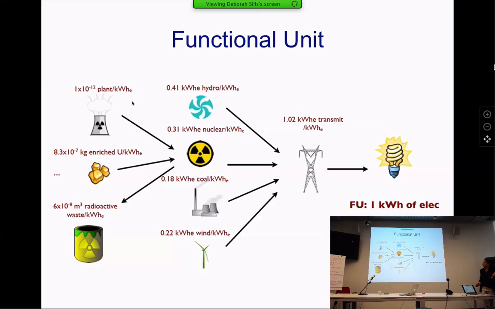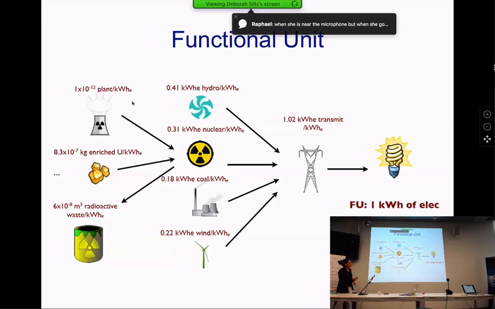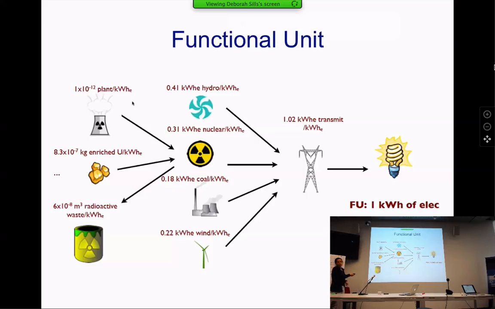All right, so before I said that a functional unit is the quantity to which all other quantities are brought back. So I just want to show you an example of this to make sure it's clear. I'm moving away from biofuels for a moment. Here, the functional unit is just a kilowatt hour of electricity provided to the user, as symbolized by this light bulb. And for 1 kilowatt hour, 1.02 kilowatt hour was transmitted.